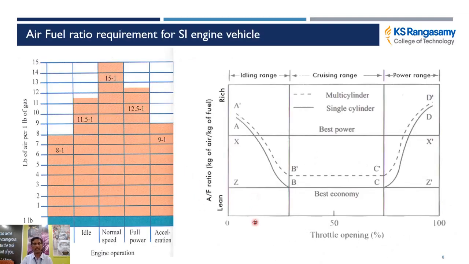So this is about the air fuel ratio requirement for the SI engine. On the running condition, we can use different modes: during starting, idling, under normal speed, under full power, and under acceleration. Dynamically, the vehicle can run in any one of these conditions.